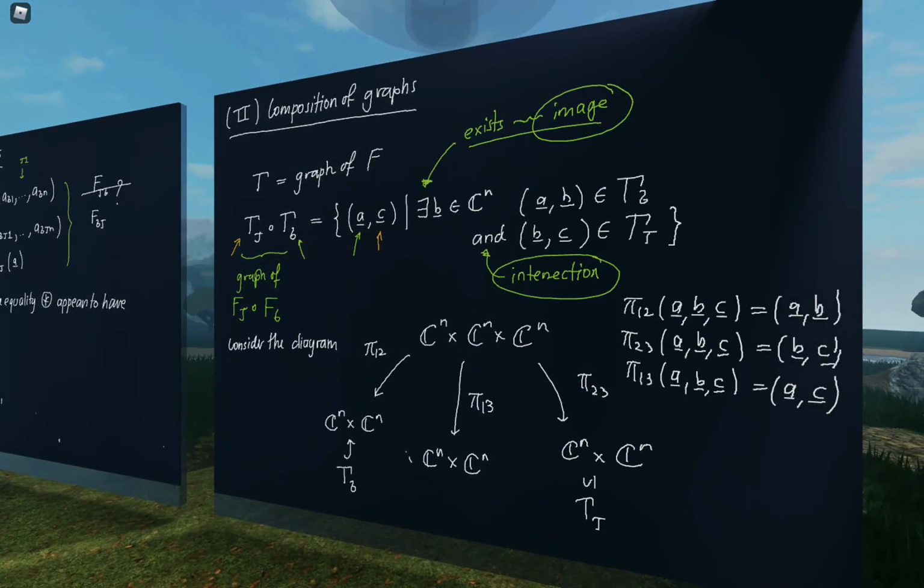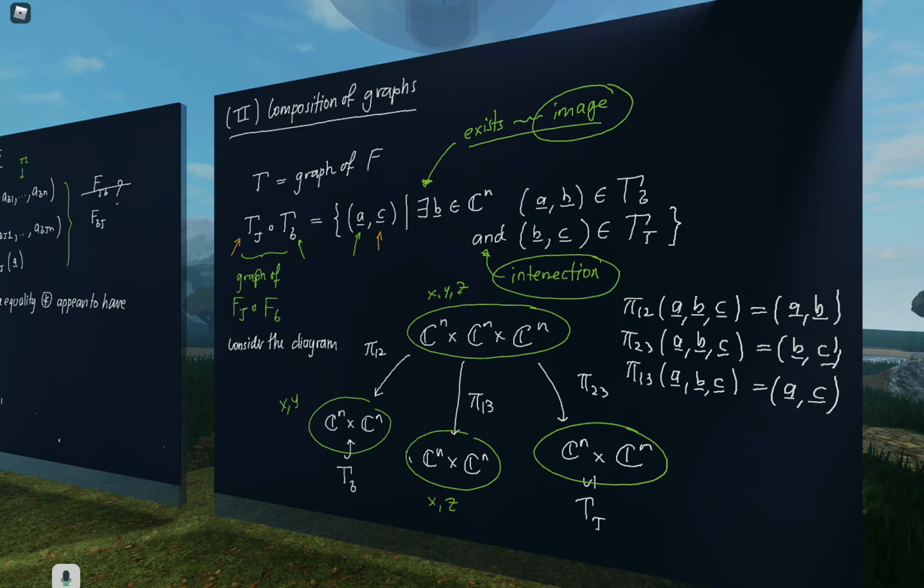So you've got these three projections, pi 1,2, pi 1,3, pi 2,3, and you've got the triple product sitting up on top of everything. So now think about replacing this by a polynomial ring in x, y, z, this by a polynomial ring in x, y, this by a polynomial ring in x, z, and this by a polynomial ring in y, z. And those projections correspond to the inclusions of those polynomial rings. So that's the diagram I'm now going to draw.